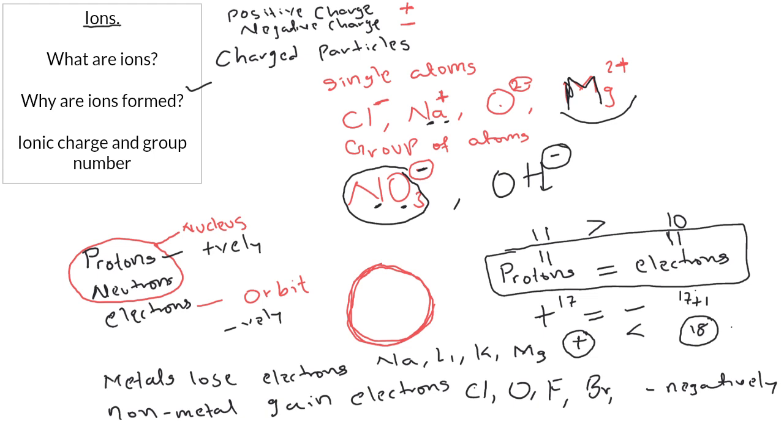And now we said that if a metal loses electrons, it becomes positively charged. Why? Because there will be more protons than electrons. And we've also said that if a non-metal gains electrons, it will become negatively charged. Why? Because there will be more electrons than protons.